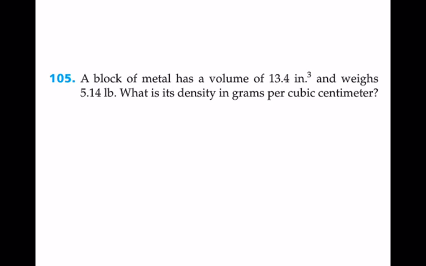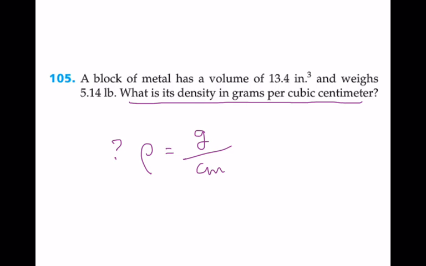And the last one, a block of metal has a volume of 13.4 inches cubed and weighs 5.14 pounds. Okay. And we could draw a picture, but I think I'll not do that for you. But the question here is, what is the density in grams per cubic centimeter? So question mark. What is the density in units of grams per centimeter cubed? That's kind of hitting you over the head with what we're trying to get. So you guys did density problems. You did really pretty darn good with density problems.